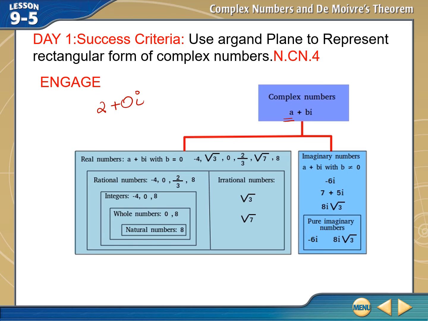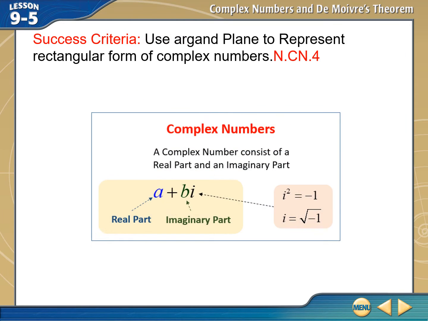So this is also a kind of complex number. Imaginary numbers can be the same numbers, but they have to be denoted with the i. So we have understood that the complex number can be shown as z equals a plus bi, where a is the real part and b is the imaginary part.